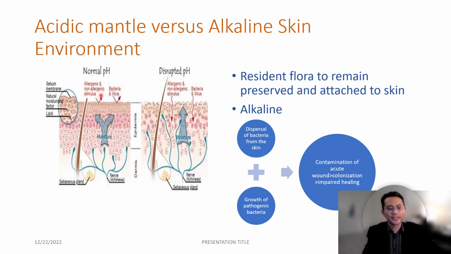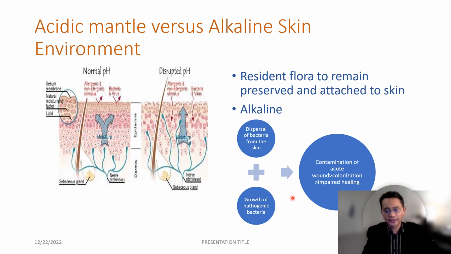The reason why bacteria cannot penetrate, attack, or enter the skin is that it's maintained by a pH that is more on the acidic side. Once the pH is disrupted, this allows the penetration or entry of bacteria, or the dispersal of the resident flora of the skin, and they would allow the growth of pathogens.